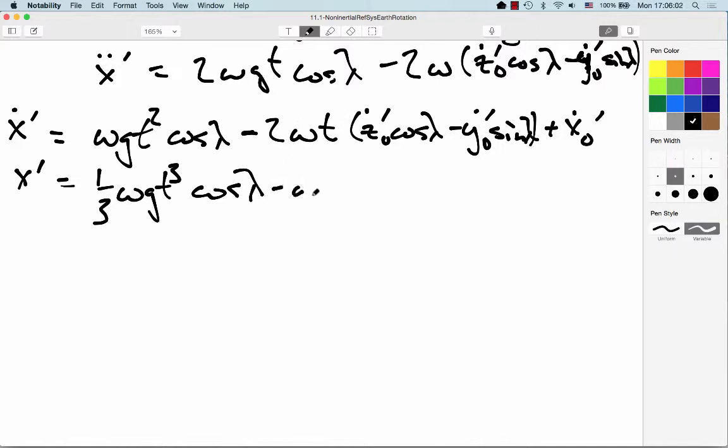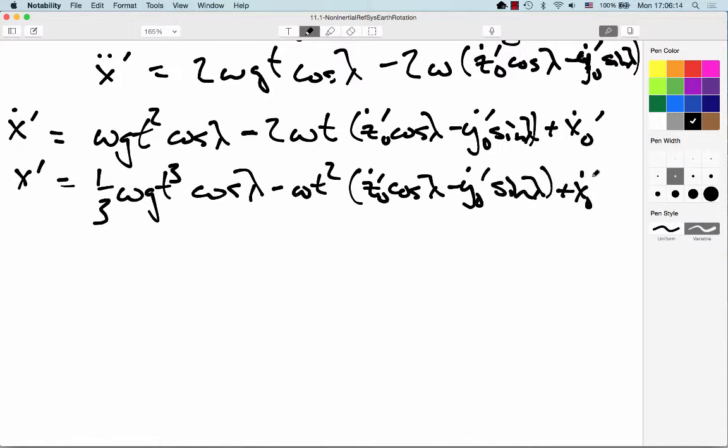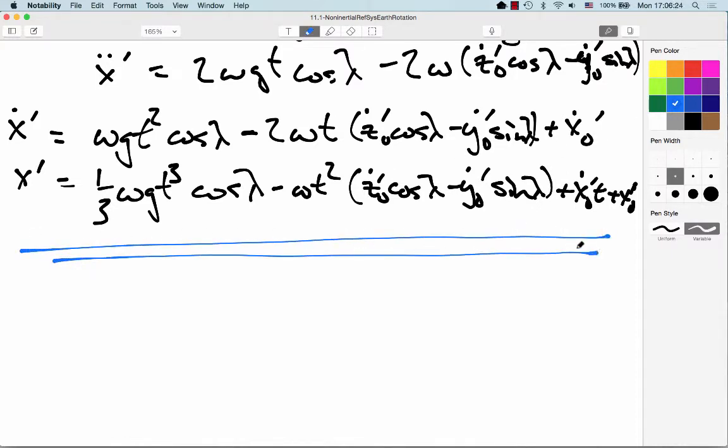So this will be minus omega t squared times z naught dot prime cos lambda minus y naught dot prime sine lambda plus x naught dot prime t plus x naught prime. All right, so we have our x as a function of time.